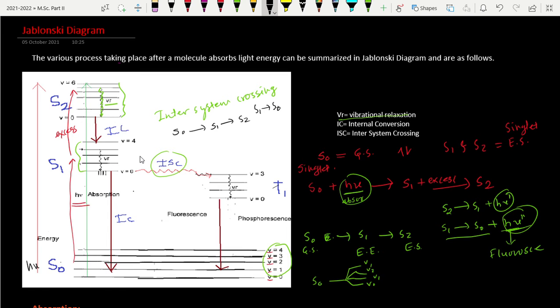But excitation from a singlet state to a triplet state is not allowed according to the spin rule. It is spin forbidden.